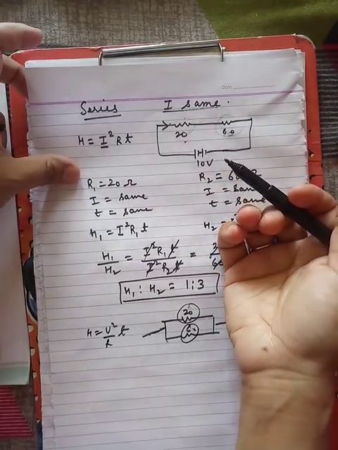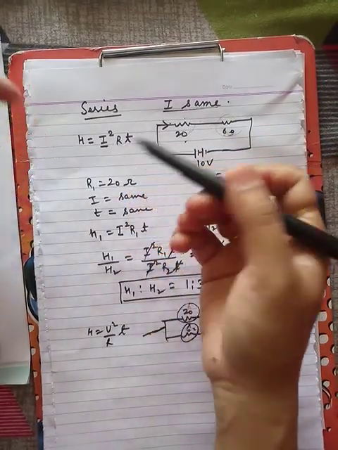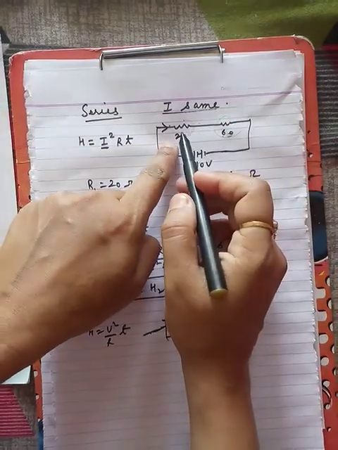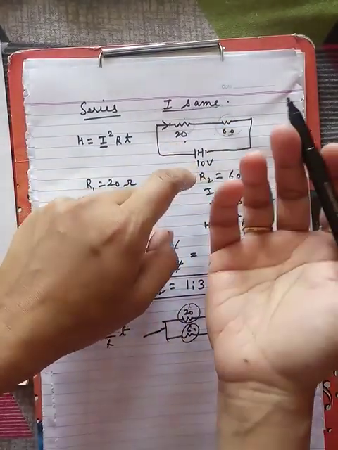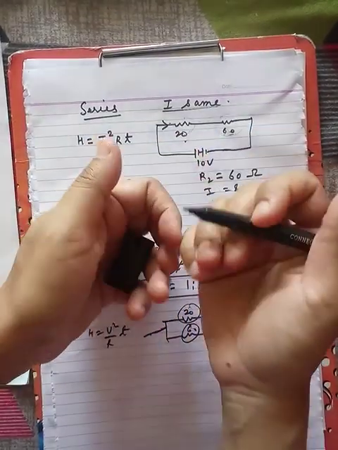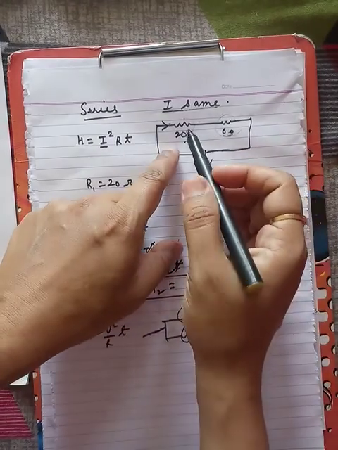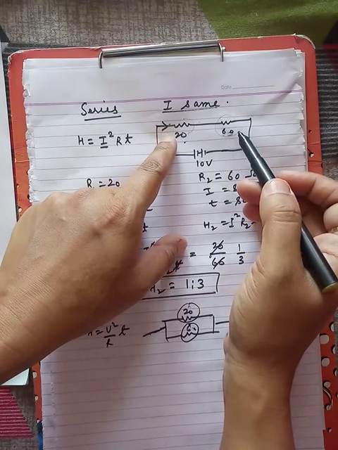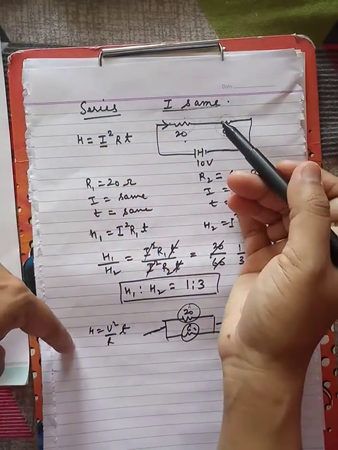In a similar manner, power consumed or dissipated can also be compared. If the two resistances are 20 ohm and 60 ohm, what will be the power dissipated in each, that we can compare using these formulas also.